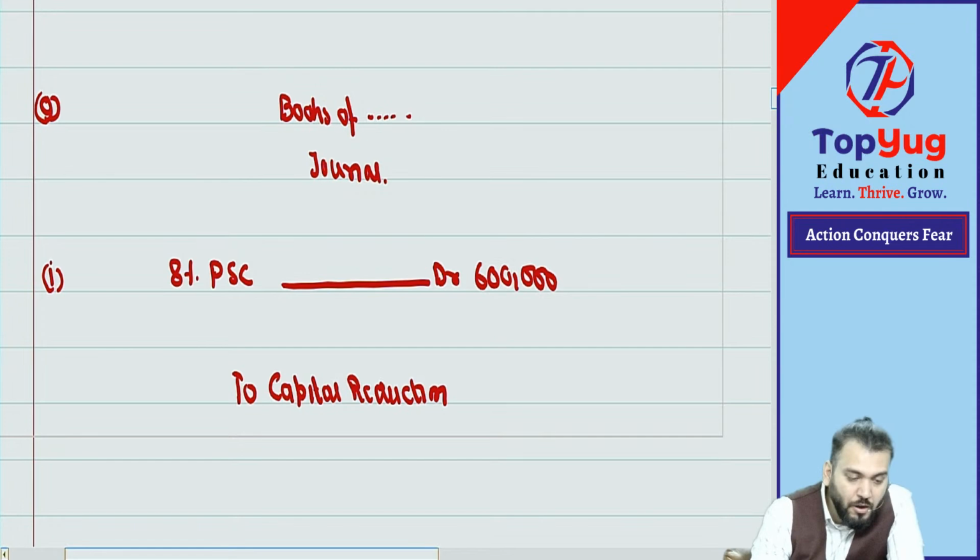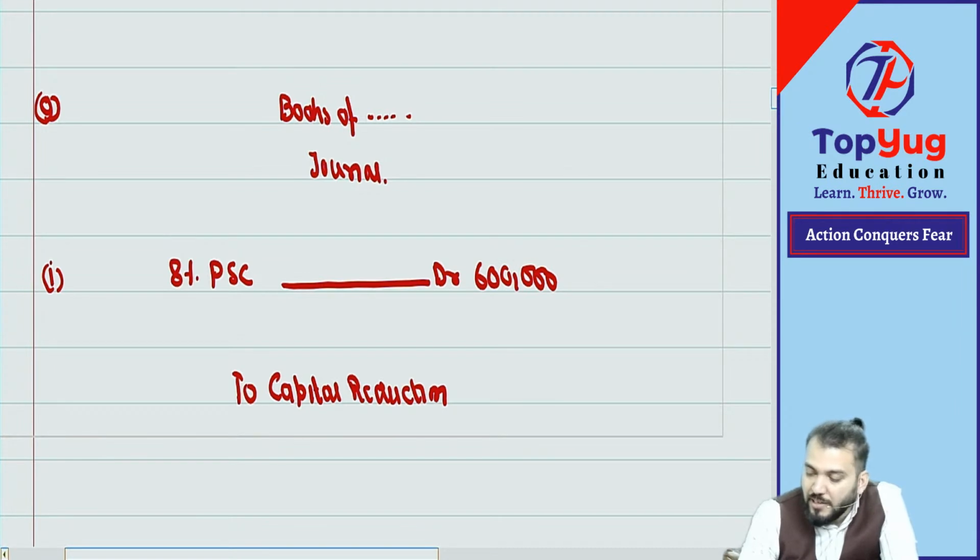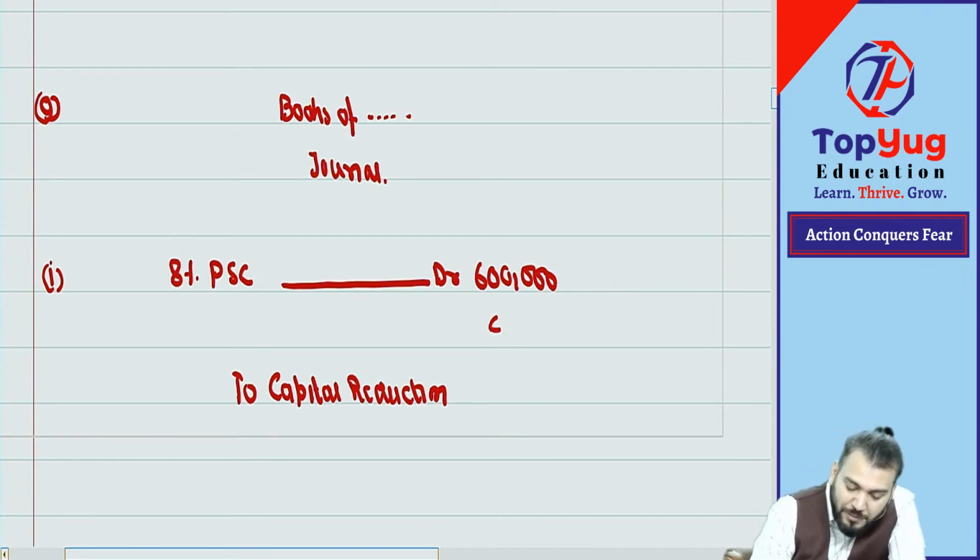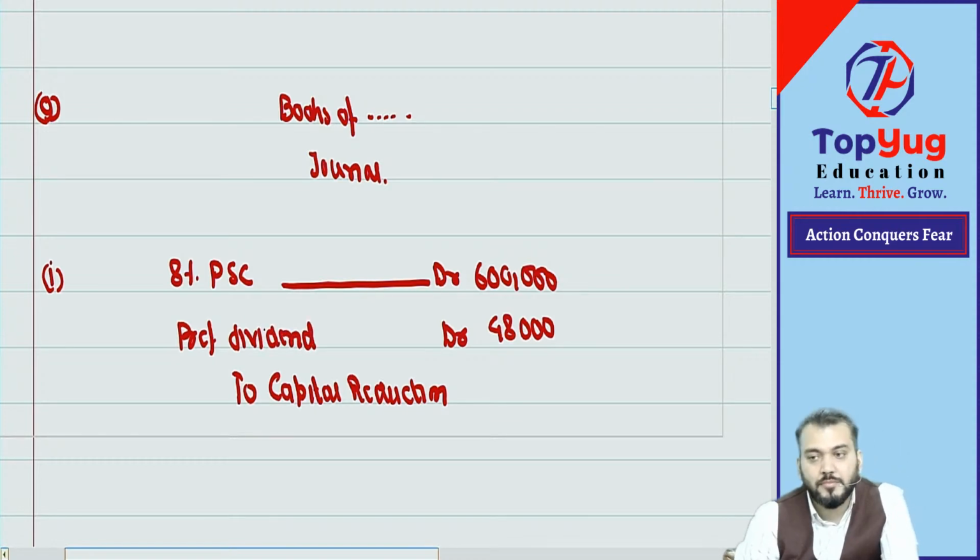We'll debit 6 lakh into 8%, 48,000 will be debited. Which account will be debited? Preference dividend. Correct.